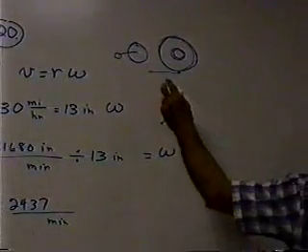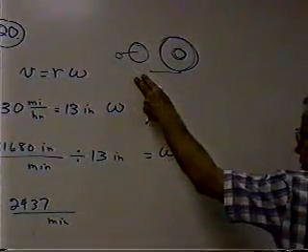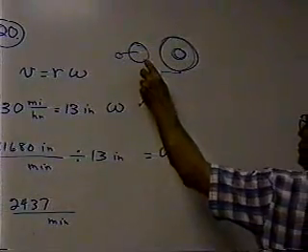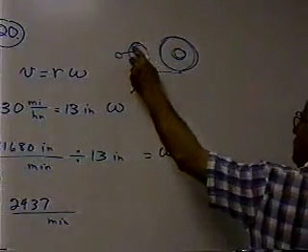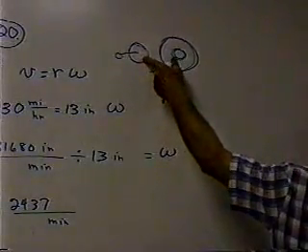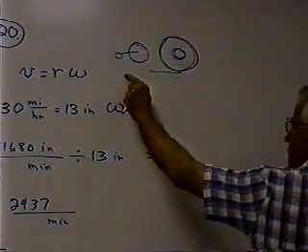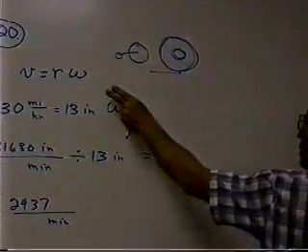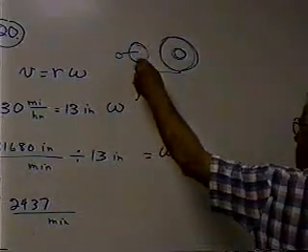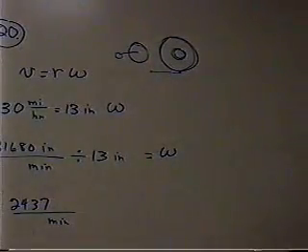Or if you have an odometer on your bicycle or car, what it's doing is taking this angular measure, and through gears that have it worked out, it will show you how fast you're traveling linearly. And so this is the formula that works that out, that changes rotational motion to linear motion or vice versa.